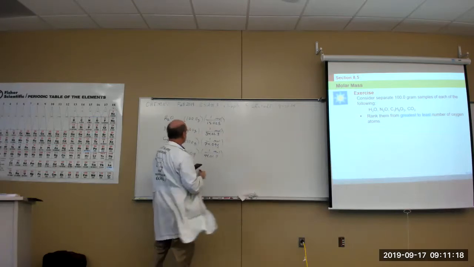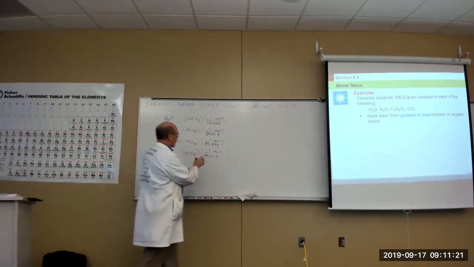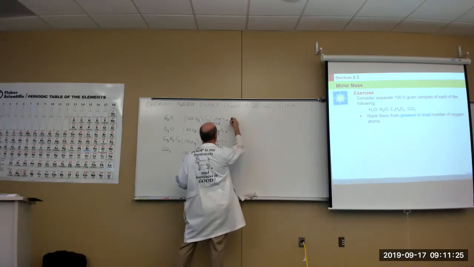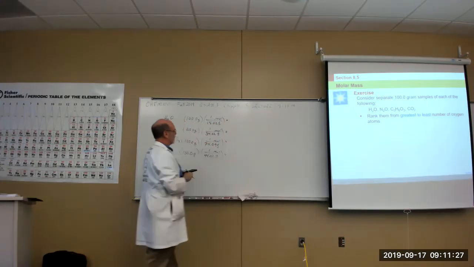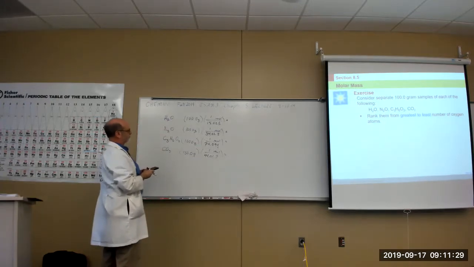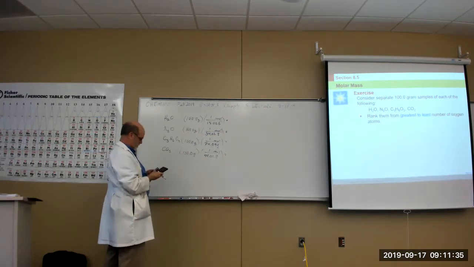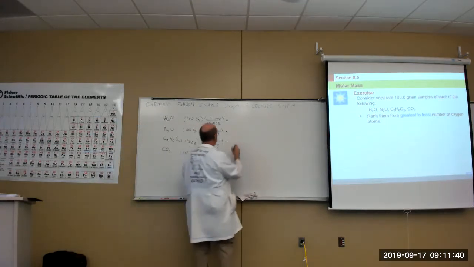Okay. So now our calculation will give us moles of compound of each of the compounds. So 100 divided by 18.02 is 5.55.